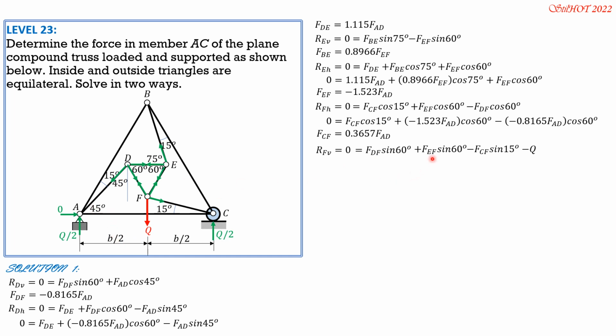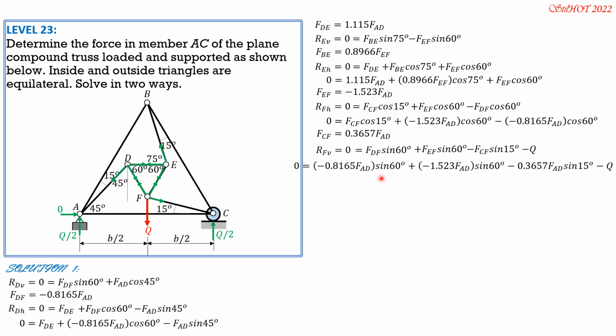So 0 equals negative 0.8165 FAD sine of 60 plus FEF, which is negative 1.523 FAD, then sine 60, minus FCF, which is 0.3657 FAD, sine 15 degrees, minus Q.